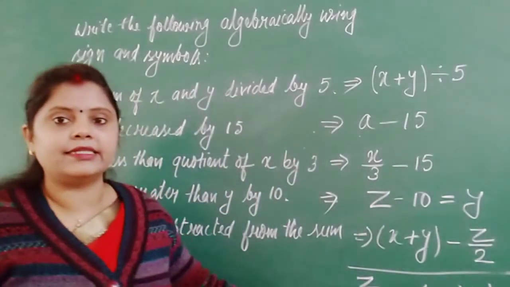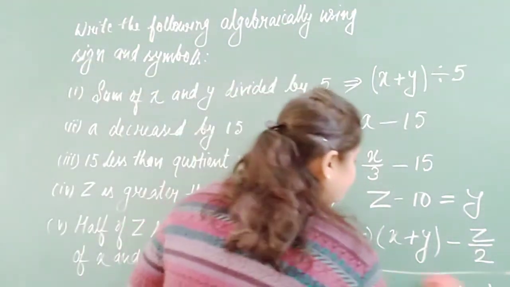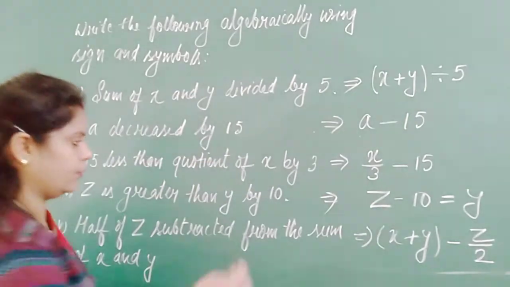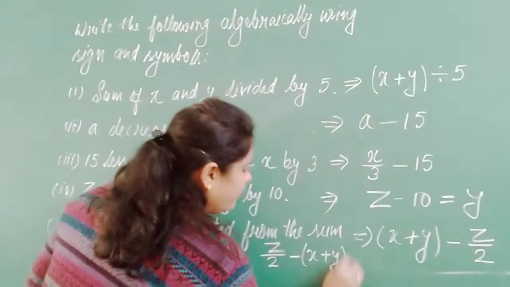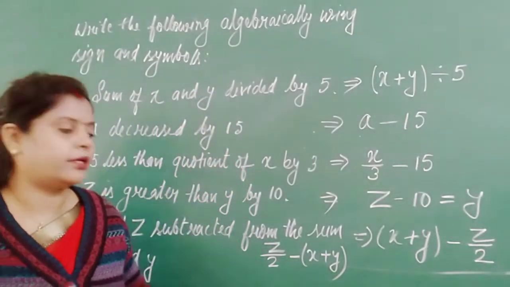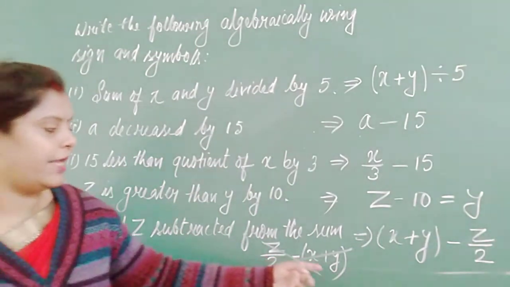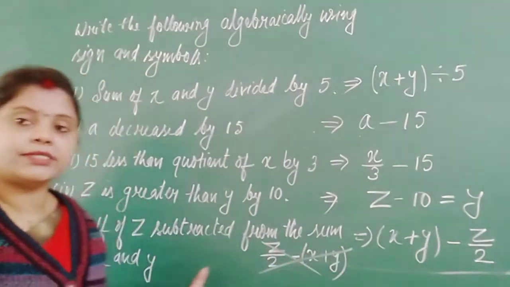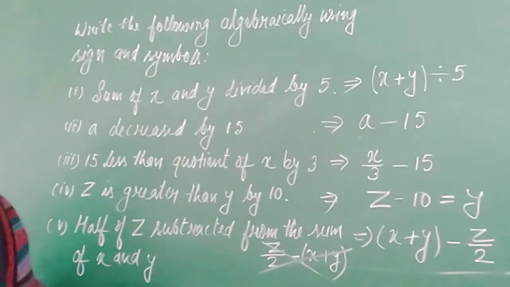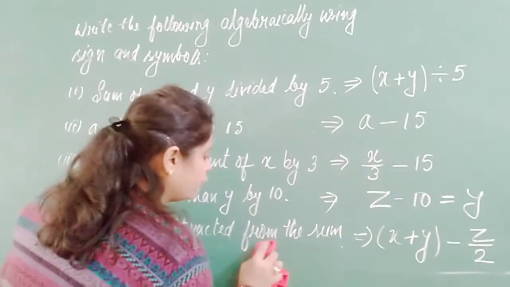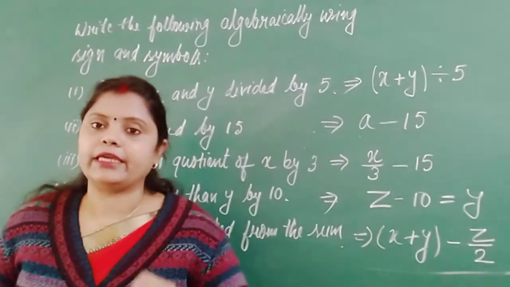Writing like this is absolutely wrong. Because here what we have done is taken the sum of x and y from z by 2. But here the question is, half of z is subtracted from the sum of x and y. So that is why I told you it is very important to understand very carefully what they are saying.